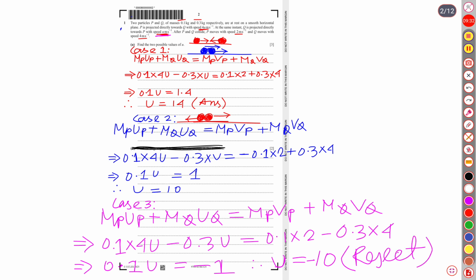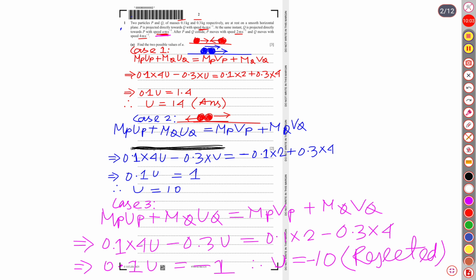Then the fourth possibility: if we use the fourth possibility also, we will find that u is negative. I believe there is no necessity of writing case 4. Case 4 will also be similar to case 3. If we suppose that after the collision both particles P and Q are moving negative, then it will show a negative value of u.